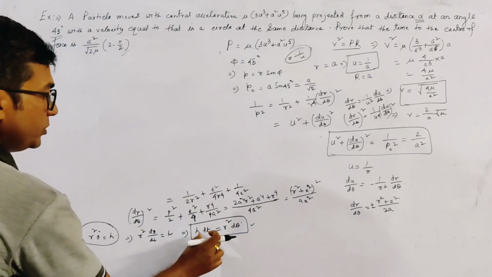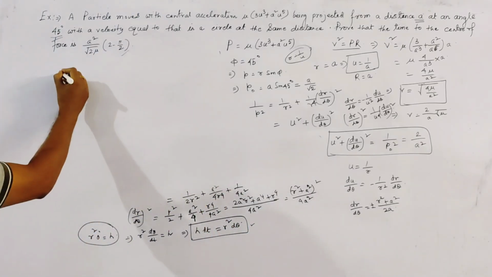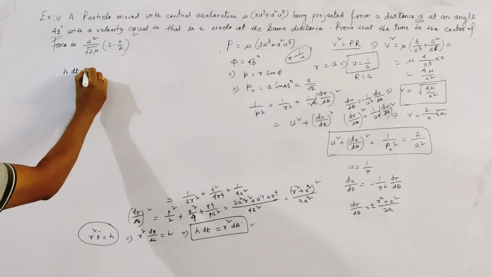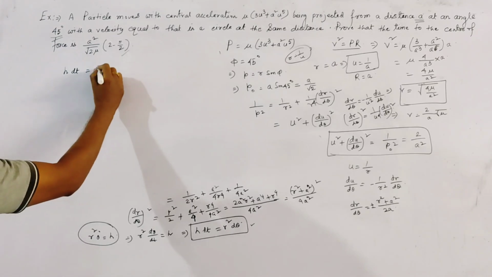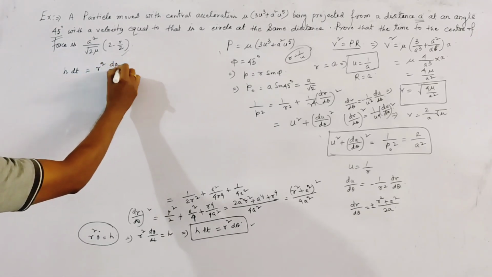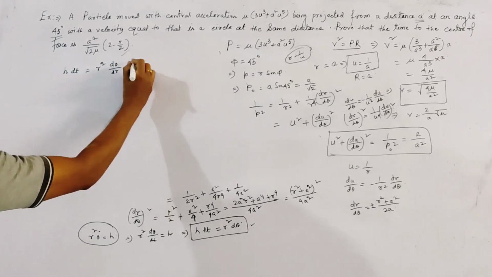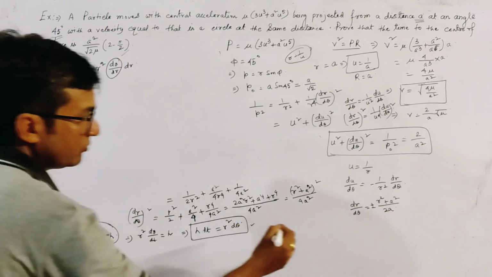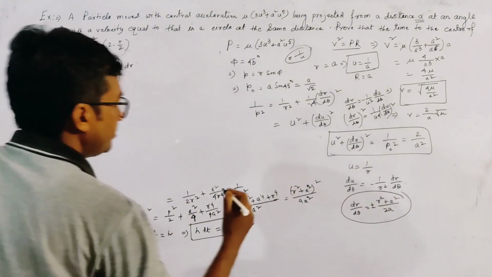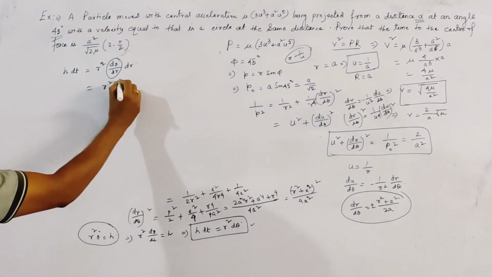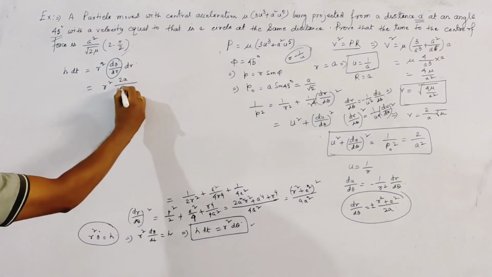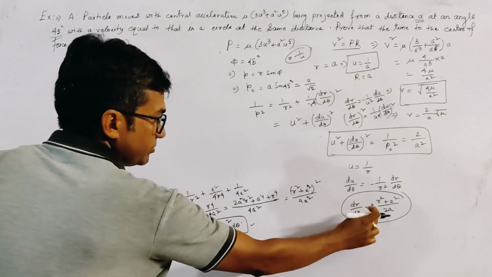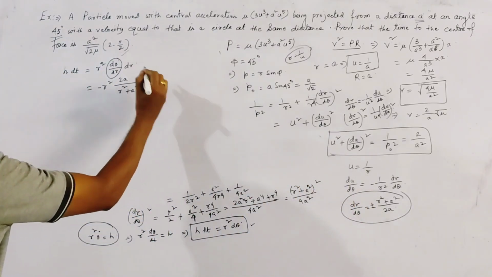Before integrating, we write h into dt, and the right side is r square d theta by dr into dr. Now putting the value of d theta by dr from this relation, we get d theta by dr equal to r square into 2a by r square plus a square, and we take here only the negative sign, into dr.